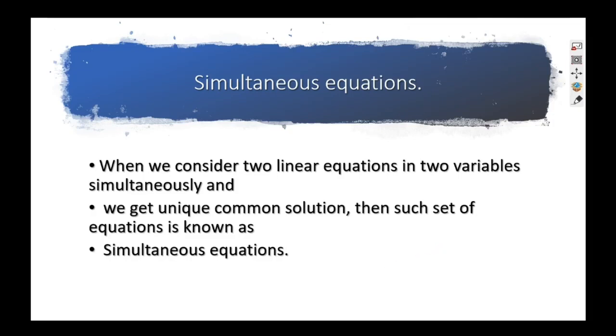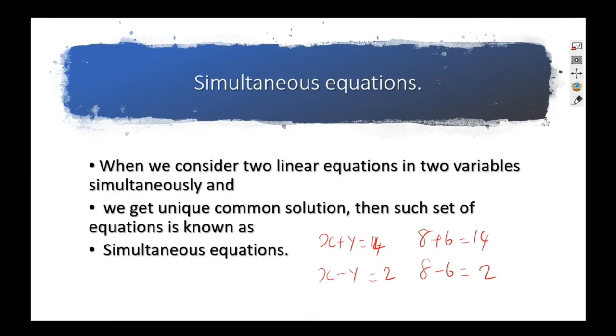Just now we had a very good example, in the case of sum is equal to 14 and difference is equal to 2, and we write it as x plus y is equal to 14, x minus y is equal to 2.